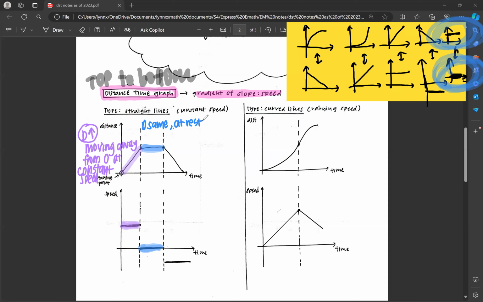You're not moving. If you're not moving, means your gradient is what? 0. So does it make sense? Gradient represents speed. So that's why speed is 0. Do you all understand now?